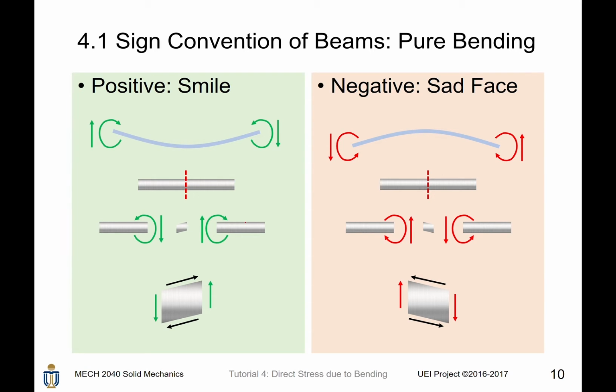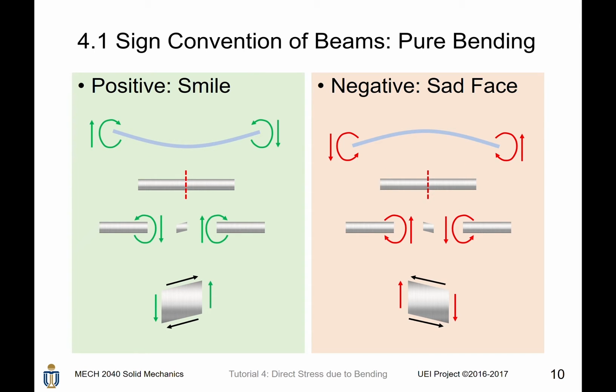Similarly, for the left end of the right section, it will follow the sign convention here. You can see their correspondence like this. Similarly, for the negative moment, it is like this. You can see their correspondence.